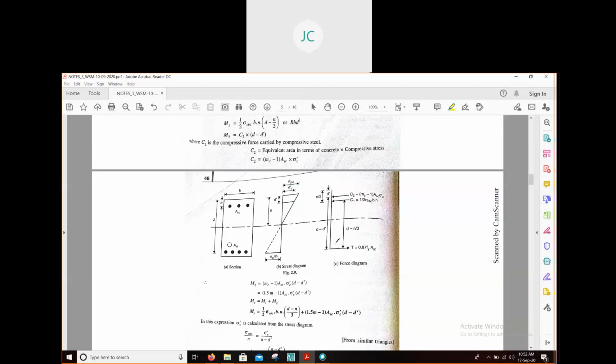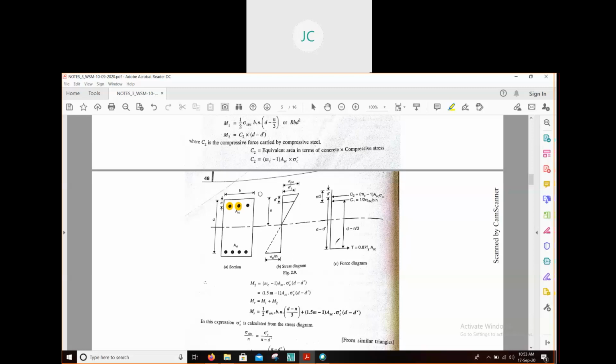This is just a simple diagram to explain, but in this problem, in the tension zone, if you are choosing 20 millimeter dia bars, you have got 5 number of bars. So you will draw 5 dots like this, 1 2 3 4 5, and after drawing those, you will write here 5 numbers of 20 mm diameter bars. Similarly in the compression zone, you will draw 2 bars only, 1 2, not 3, for this problem.